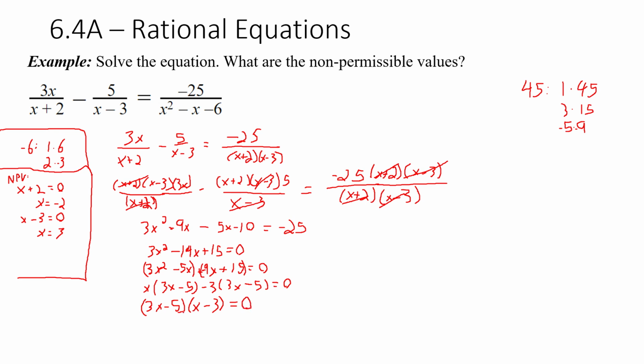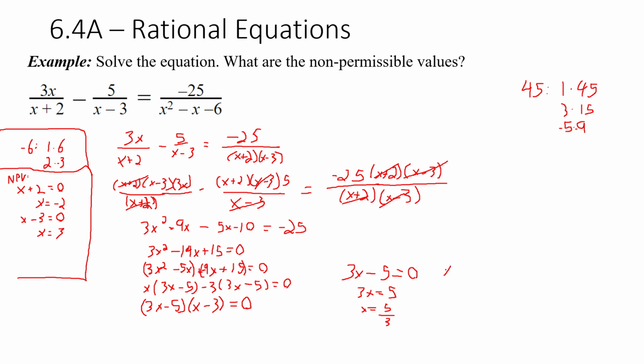So two values for x here. Set the 3x minus 5 equal to 0 to solve for it. 3x equals 5, and divide both sides by 3 to get x equals 5/3.